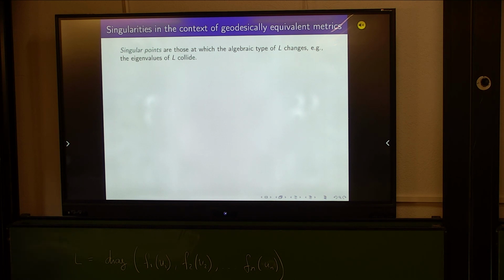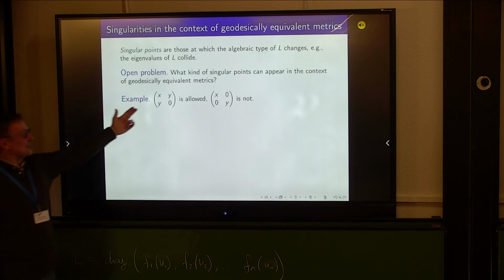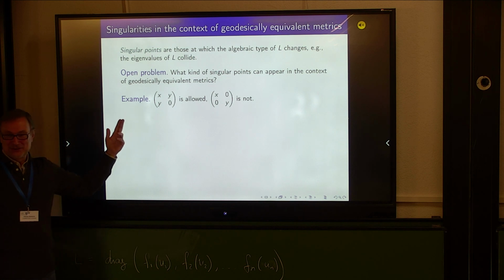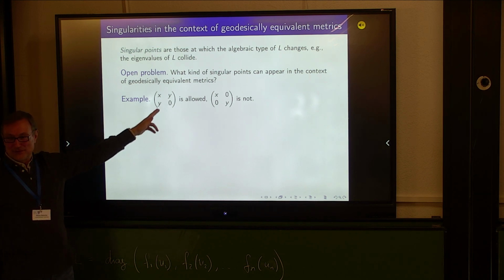Okay, now the problem: what kind of singular points can appear in this context? L is Nijenhuis, but singularities should still be special. So, for instance, these are two examples of these operators. 0 is a singular point for both of them.